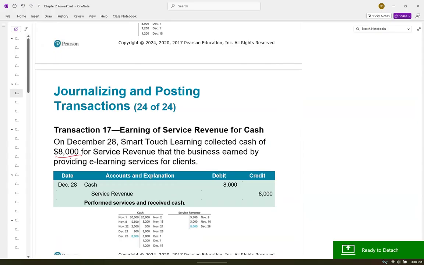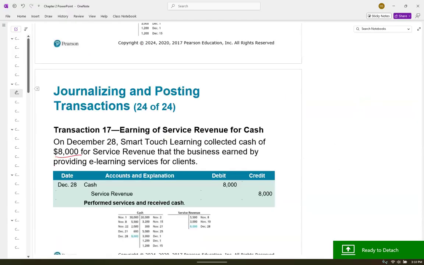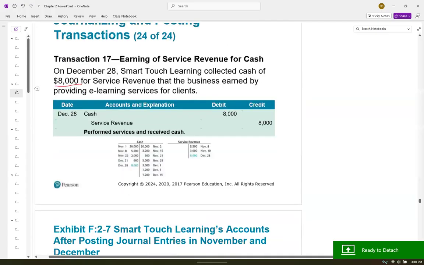Service revenue is also going up by $8,000. Okay. So I just want to flip over here. We're increasing cash, which makes that account go up, and we're increasing revenue. Okay. So that's why we're crediting the revenue. Every one of these journal entries can relate back to those debit and credit rules.